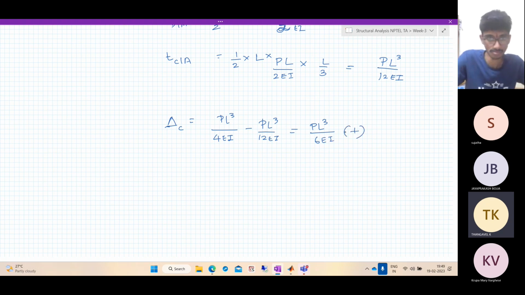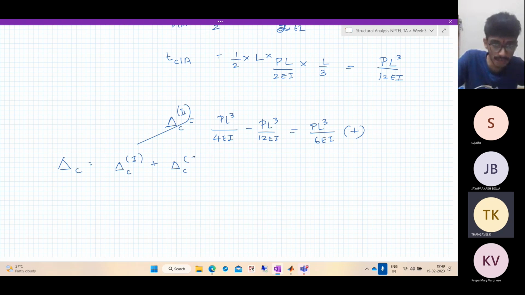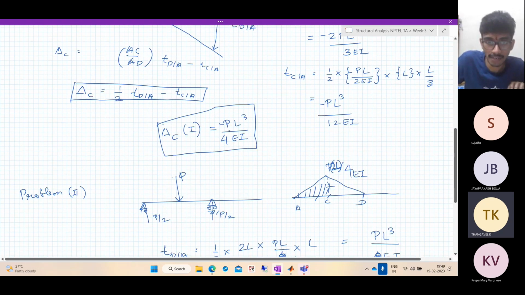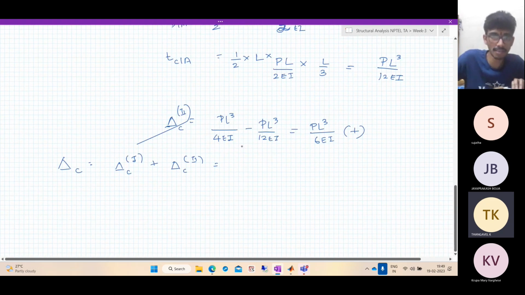So this is what is coming from the second part. So what is the total delta C? It is delta C coming from the first part plus delta C coming from the second part. From the first part we got minus PL cube by 4EI plus PL cube by 6EI.